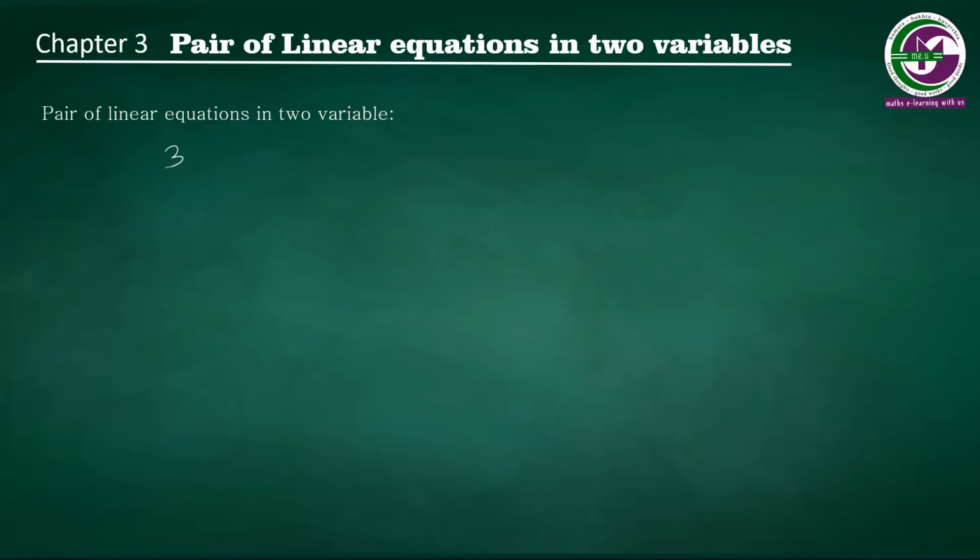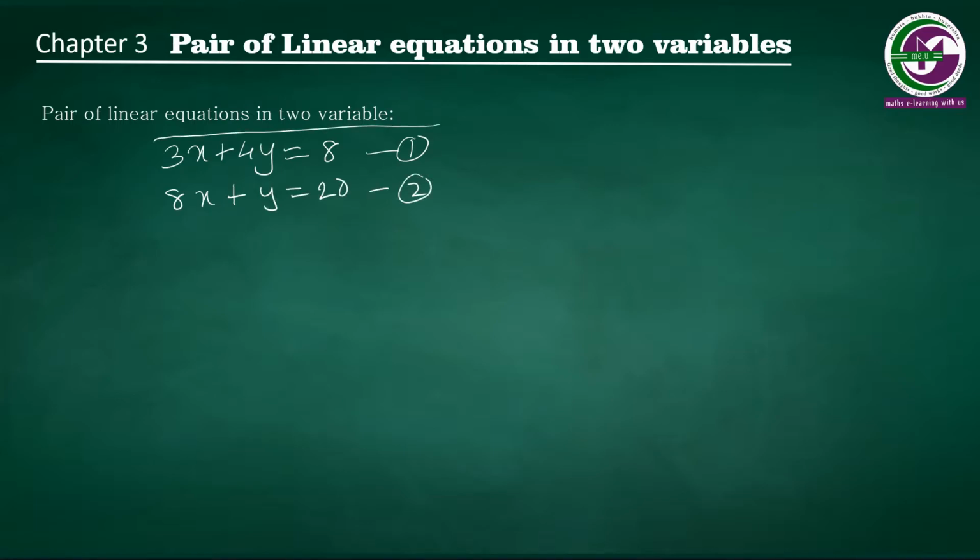Examples: 3x plus 4y equals 8 as one equation, and 8x plus y equals 20 as another equation. When we consider both equations together, we say it is a pair of linear equations in two variables.